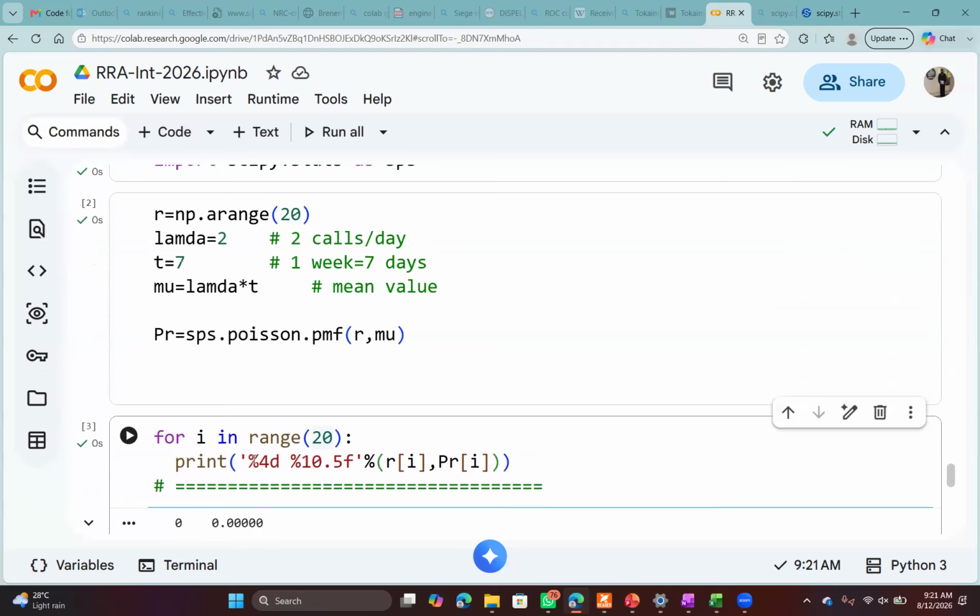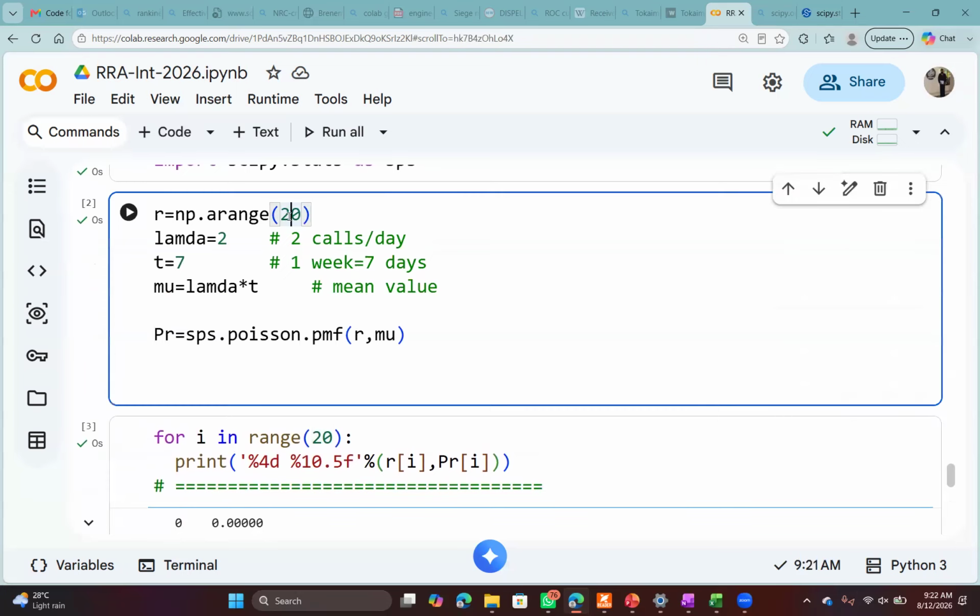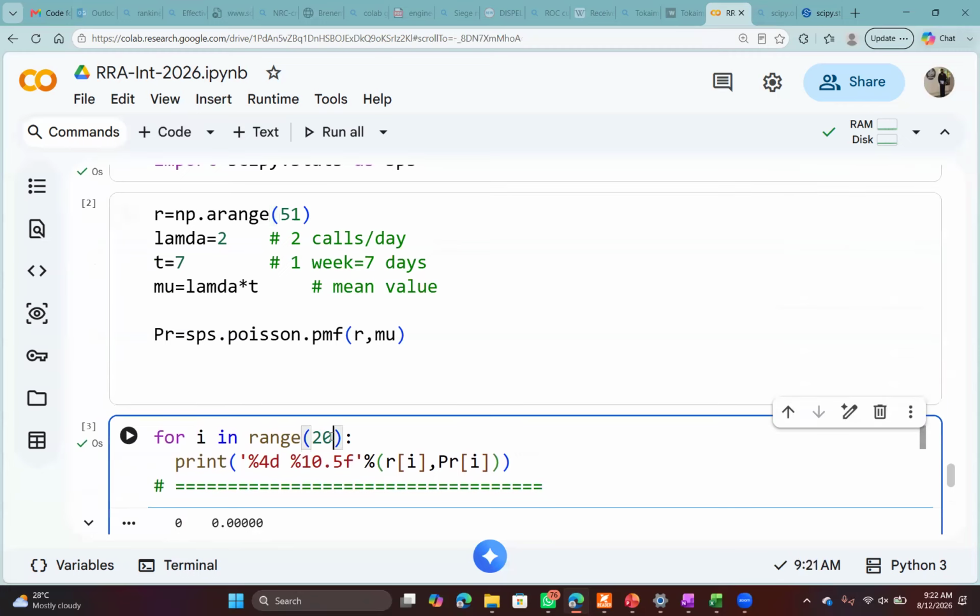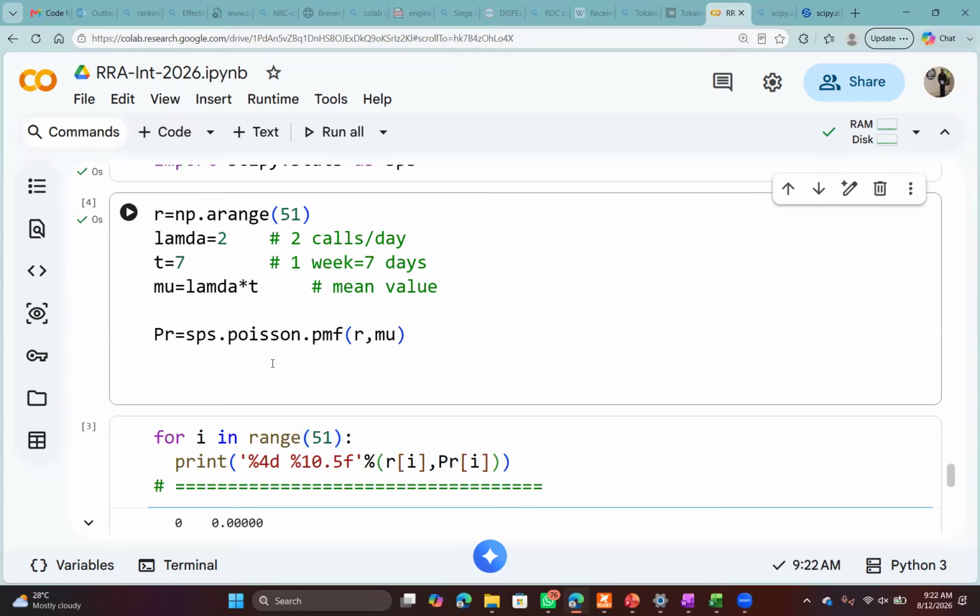When you have the computer program, then you can extend up to any number, right? So 51, so that I have the good number from 0 to 50. As this has been updated, I have to update all the calculations below.